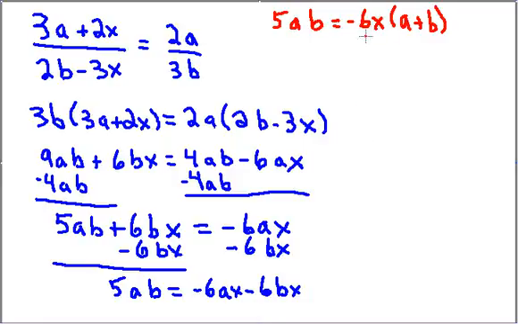At this point now, we need to divide both sides by a plus b. Well, on the right-hand side, that's just going to leave us with a minus 6x. On the left-hand side, that's going to give us 5ab over a plus b.